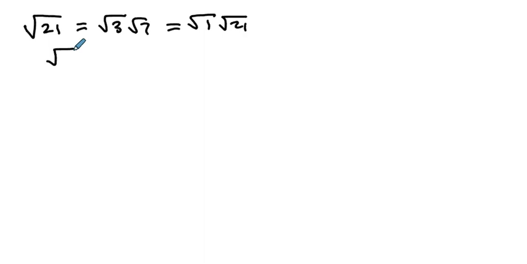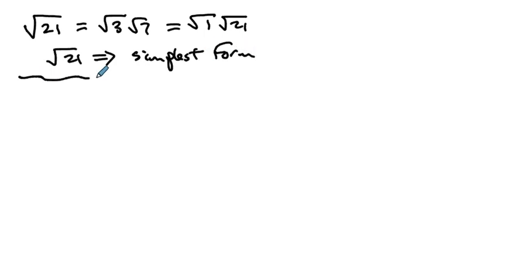So when you have the square root of 21, this is in simplest form, right? So some of these, even though they're big numbers, you can't do a lot with them, and it's kind of frustrating. You look at it and you're like, what the heck? 30 is like that, right? You can't pull anything out of 30. That makes sense.